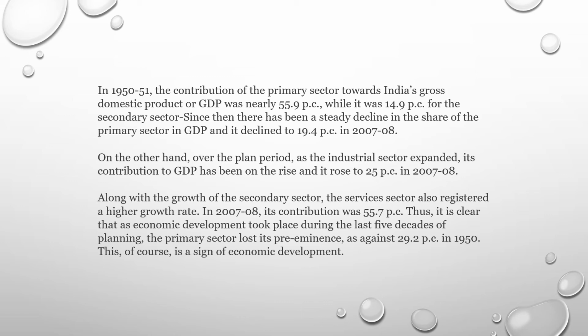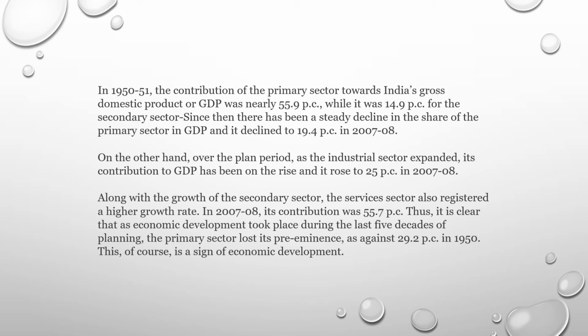That means during that time agricultural sector was dominating the Indian economy, while it was 14.9% for the secondary sector. That means industrial sector.